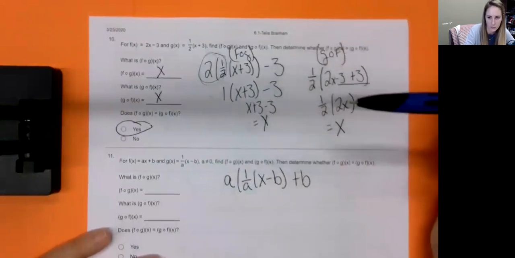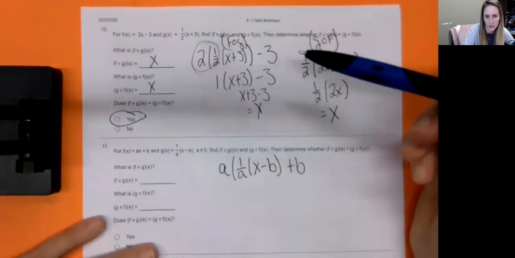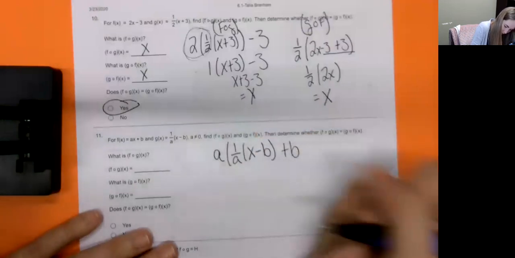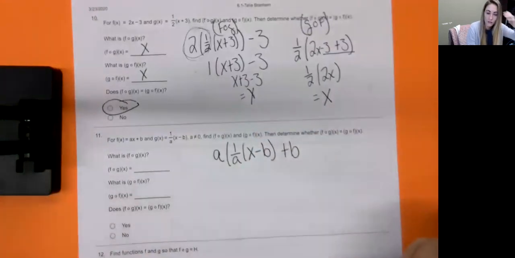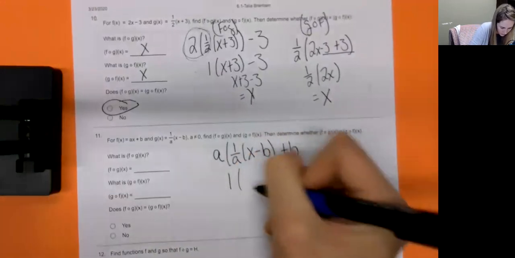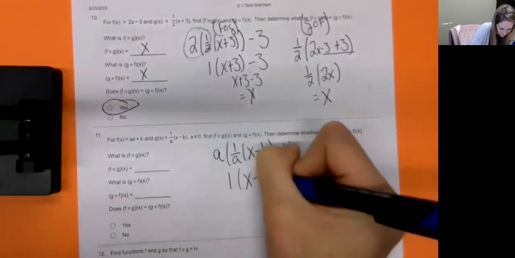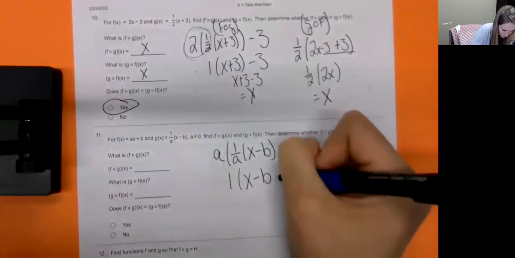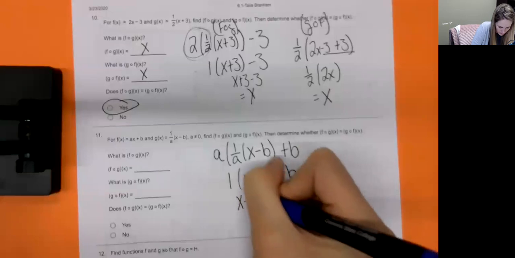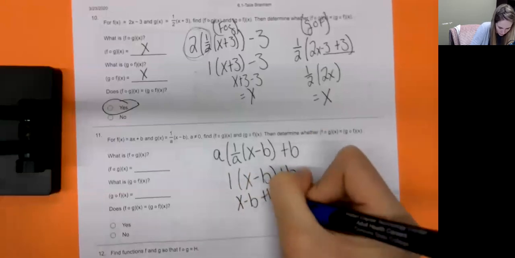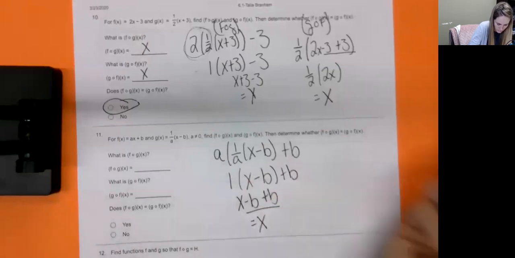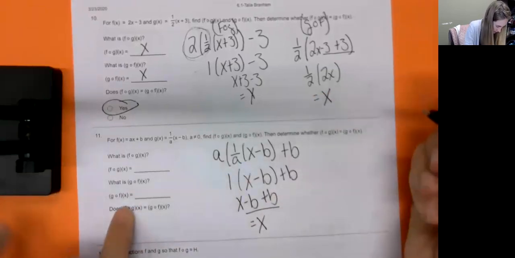They used a and b instead of 2 and 3. So a times 1 over a, it'd be a divided by a, and anything divided by itself is 1. So we'd have 1 times x subtract b plus b. Negative b plus b would be 0. So that equals x.